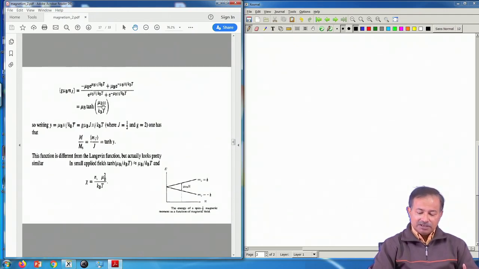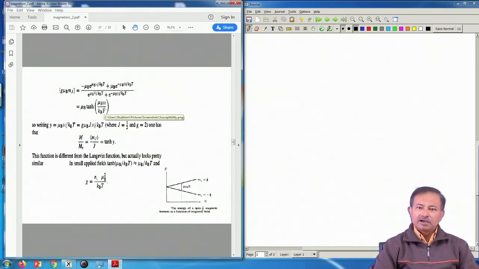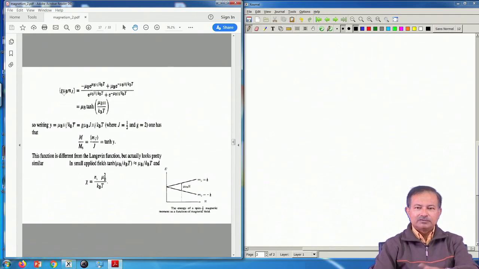So, look at it, H is in the numerator, it is trying to align, whereas T is in the denominator, trying to randomize. So, that is the ratio that you will have when you calculate in this way.